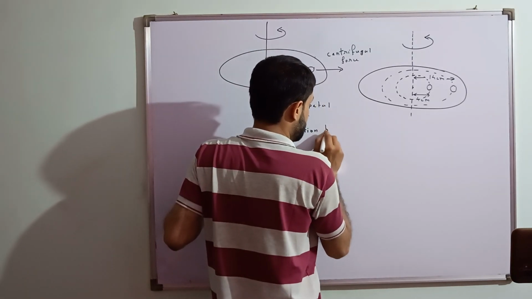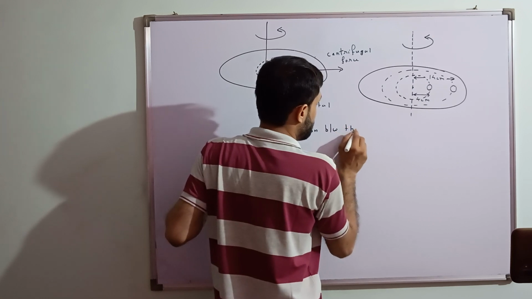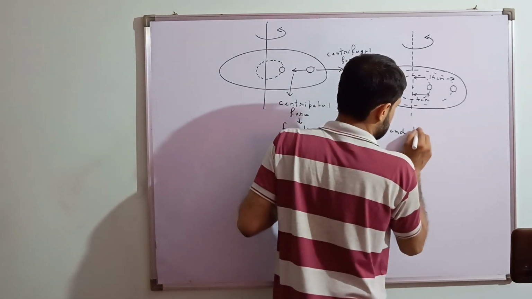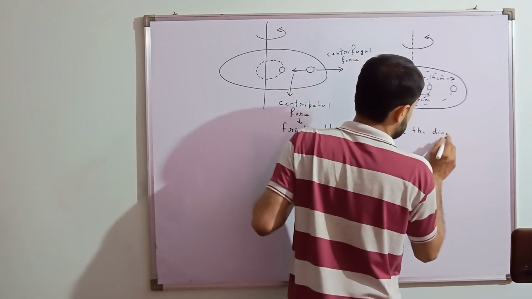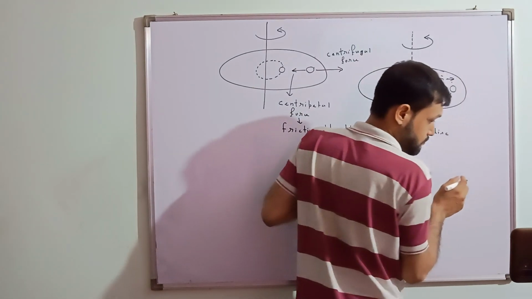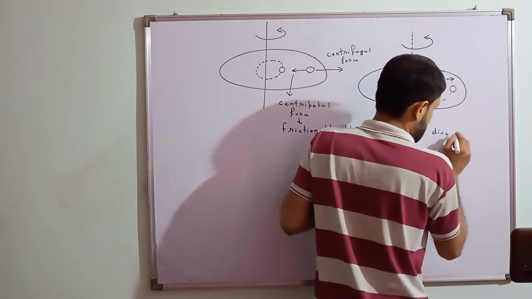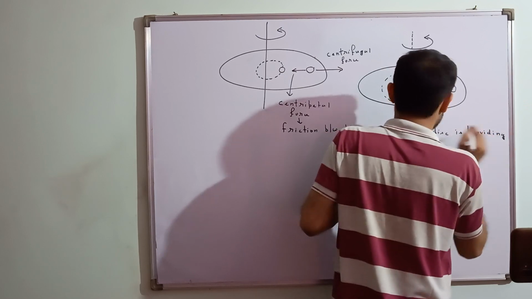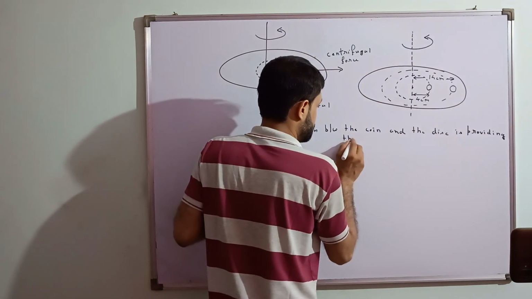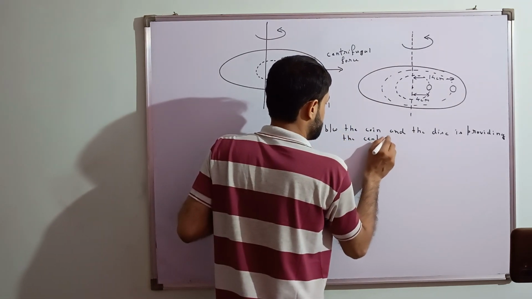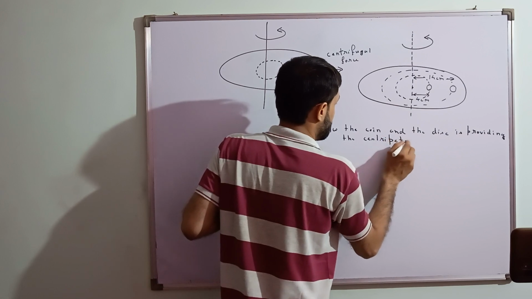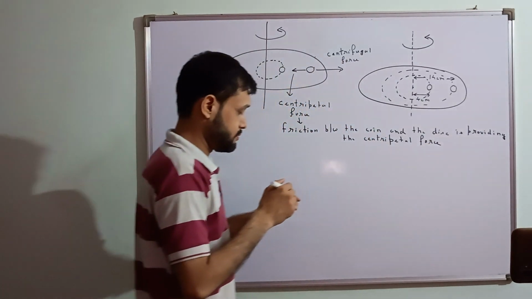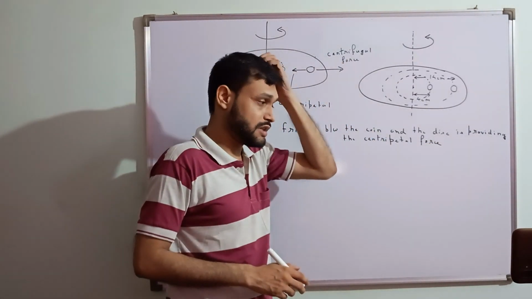I am writing it over here: friction between the coin and the disc is providing the centripetal force. Is it okay?